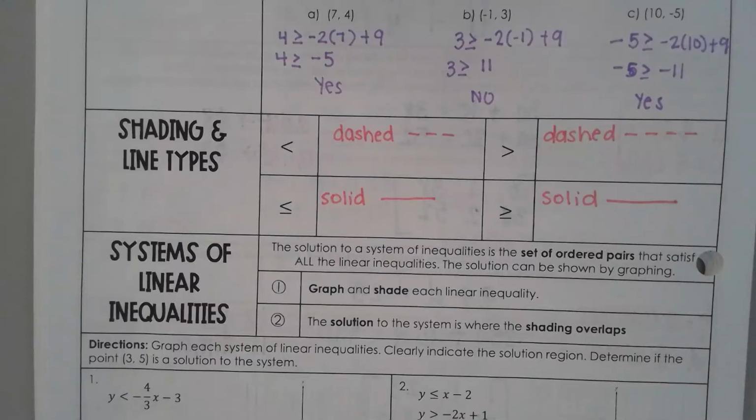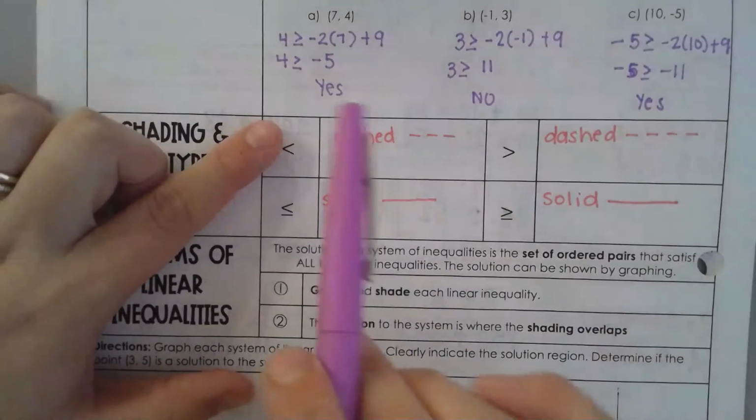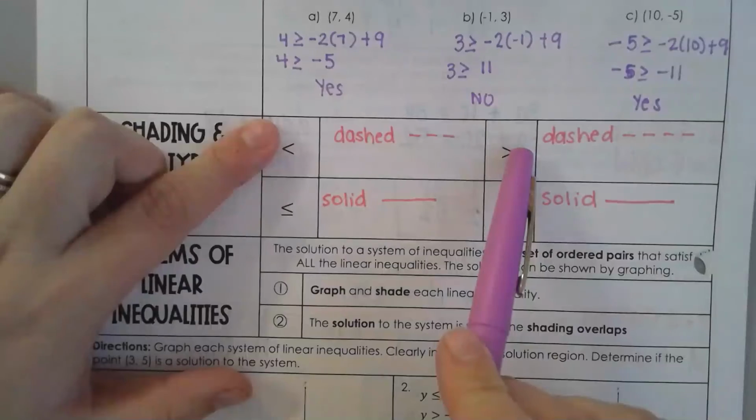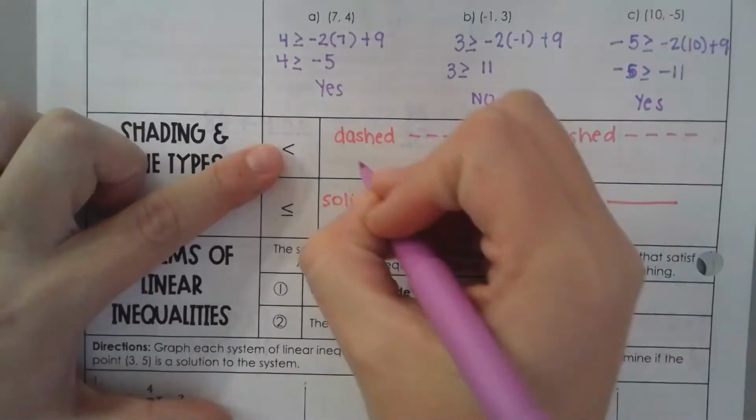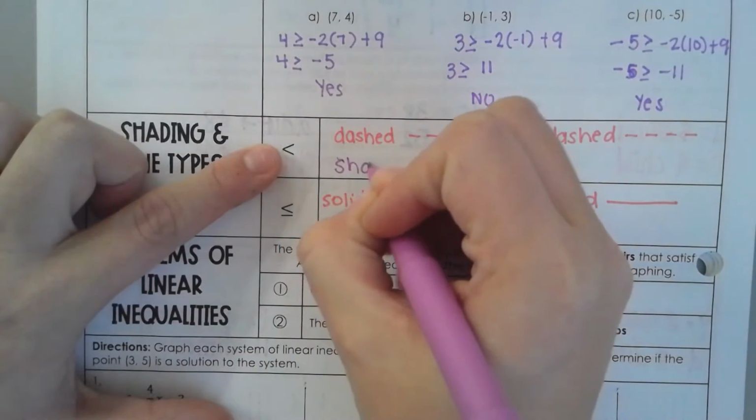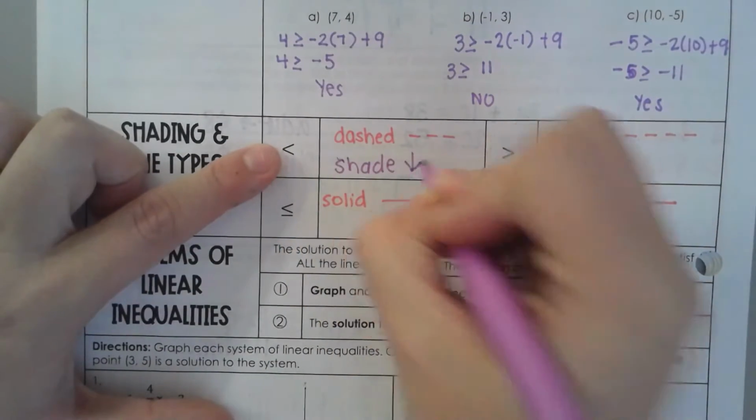And then we also do some shading, because when I say like y is greater than something, greater than x, it's all of the points greater than. So there's lots of different points. So when we shade, we're saying that all of these points work. And so the shading depends on if it's less than or greater than. If it's less than, we shade below. So we shade under the line.